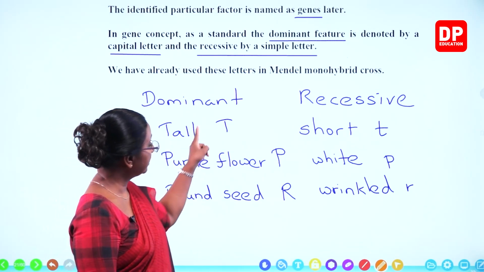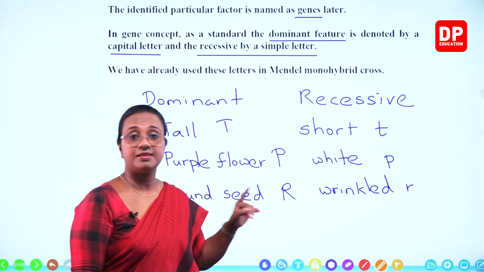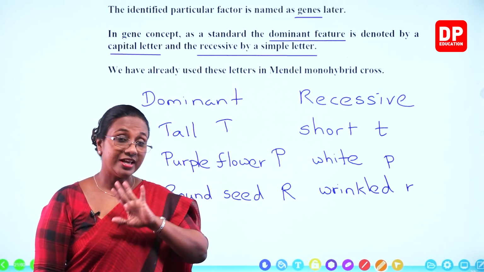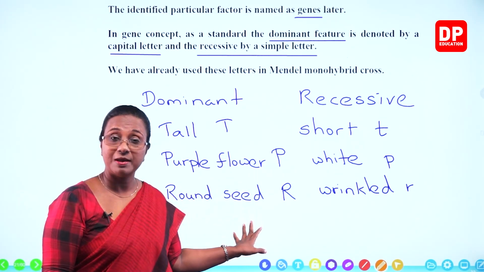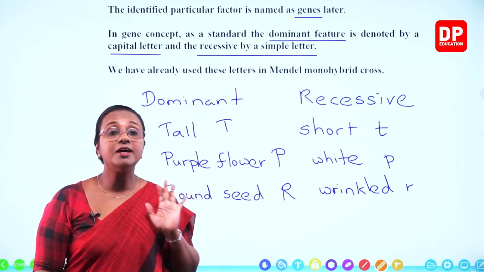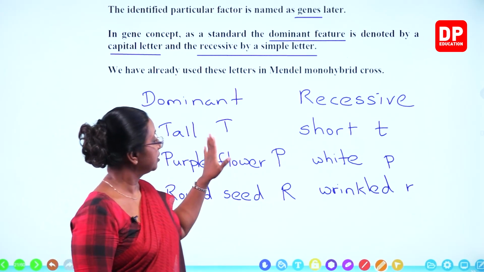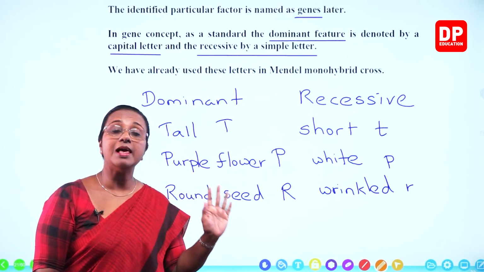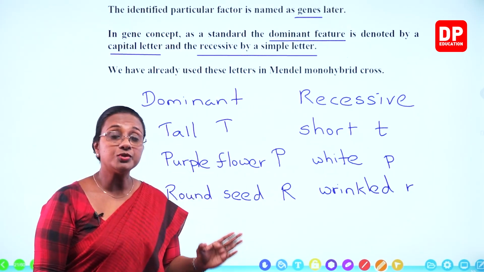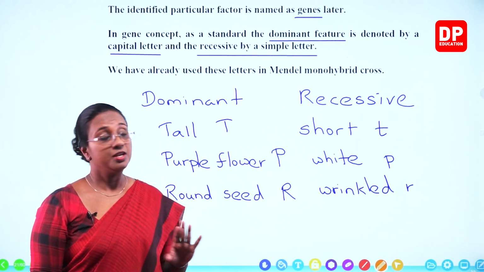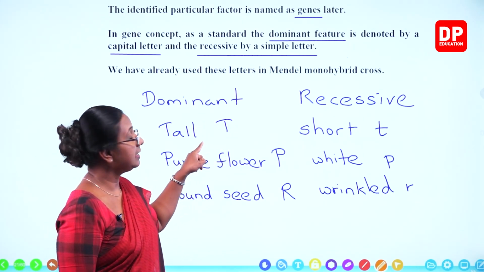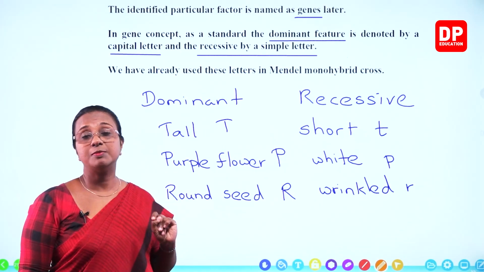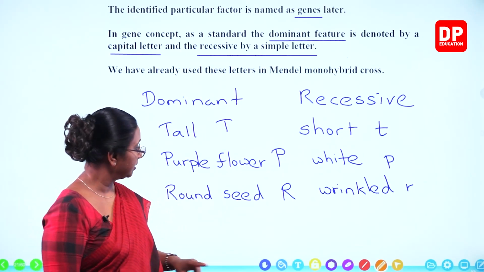So to show dominant, it's capital letter, recessive, simple letter. Since we have used these already, I am sure you are familiar with this. So do not confuse. Do not use 2 different letters. Always the same letter, capital and simple. So those represent the genes. So now you know capital T means gene responsible for tall character, which is dominant.